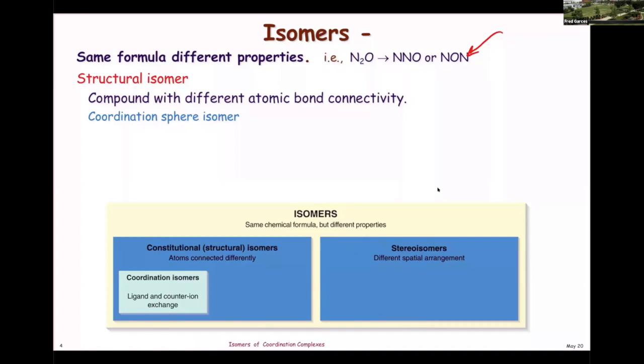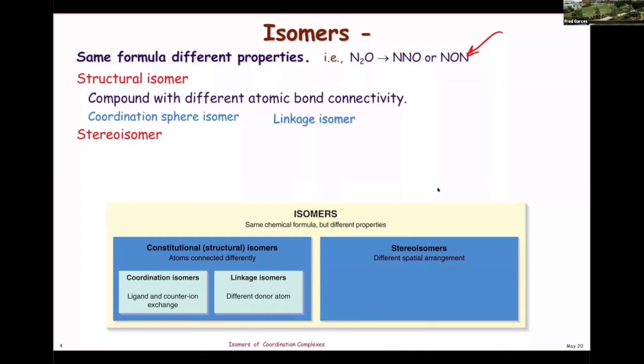Well, maybe you have different ways those atoms or clusters of atoms are connected to that metal. Well, if they're different within the coordination sphere, then you have something called coordination sphere isomers. Okay, we also have something called linkage isomers, and I'll give you examples of all of these, in which maybe you have one ligand, but it's binding to a different metal.